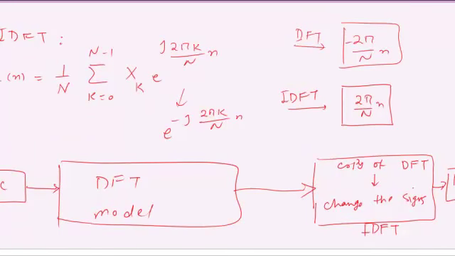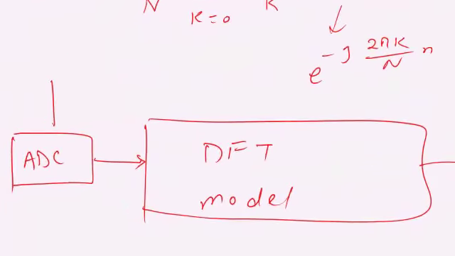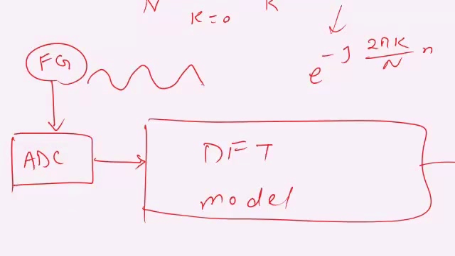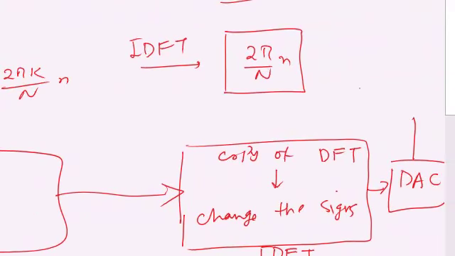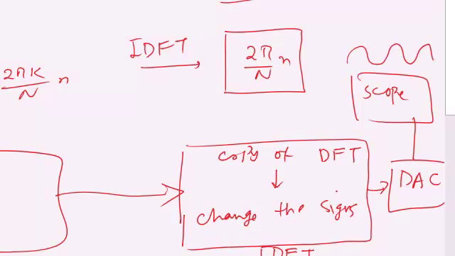So if you have ADC and DAC connected in this way, it means that if you use a function generator here to give you a sinusoidal signal, and you connect this to a scope, to an oscilloscope of course, you should be able to see the same sinusoidal signal.